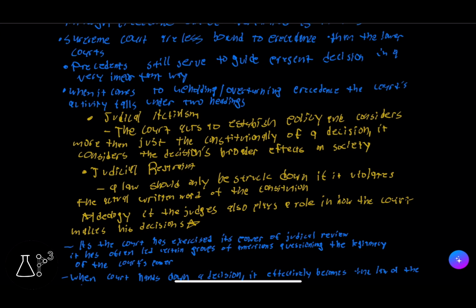We have judicial activism, which is basically when the court acts to establish policy and considers more than just the constitutionality of a decision. It considers the decision's broader effects on society. And we have judicial restraint: a law should only be struck down if it violates the actual written word of the Constitution. Basically, the ideology of the judges also plays a role in how the court makes its decisions.